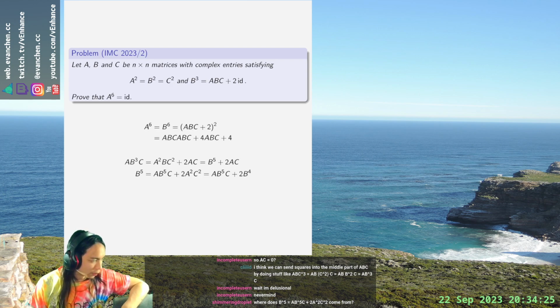Where does b to the 5 equals a b to the 5th come from? B to the 5 is like b cubed times... Where does that come from? How did I get that? Alright, that's a good question. Where did I get that from?